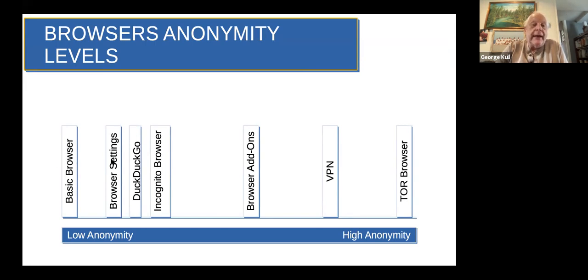Then you get to browser settings, where a lot of the browsers nowadays come with some form of anonymity built in, such as cookie filtering and other types of protection.